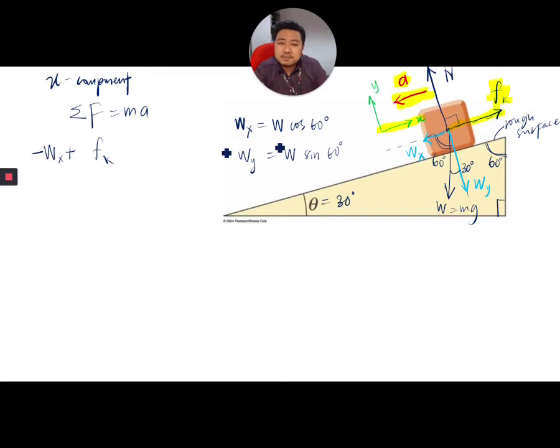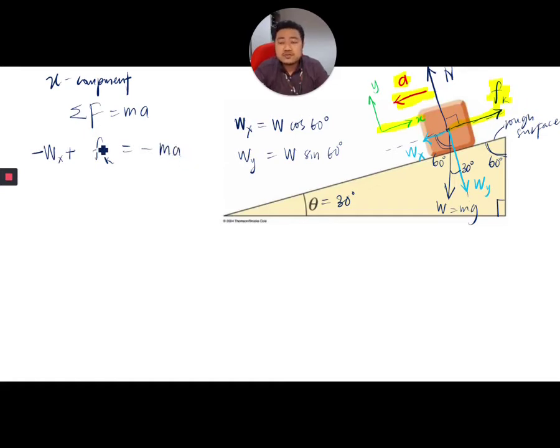Afterward, fk, the friction force, is going to be positive, because it is in the same direction as the positive x direction. And afterward it is equal to negative acceleration. The acceleration is negative because it is moving to the left, so it is going to be negative ma.